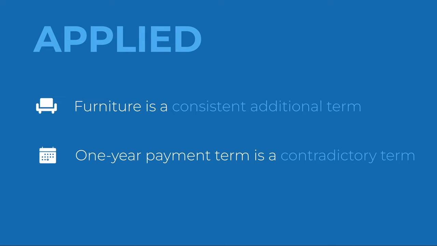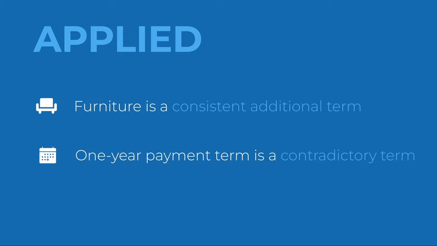If what it's doing is changing the term in a way that is not at all consistent, then that's contradiction. Here, saying the payment term is actually a year rather than 6 months is contradicting exactly what the written agreement says.